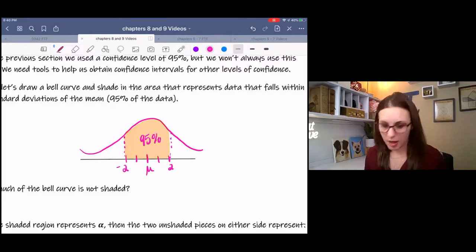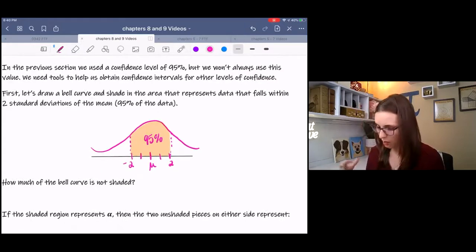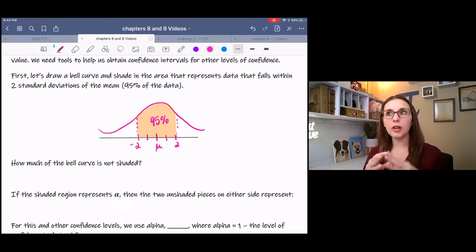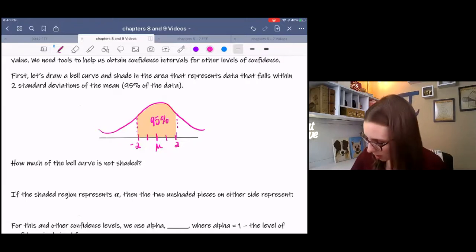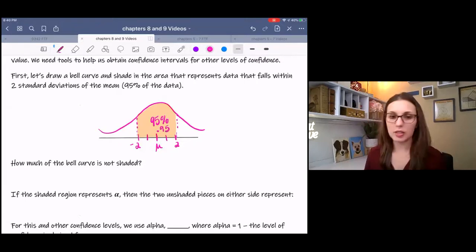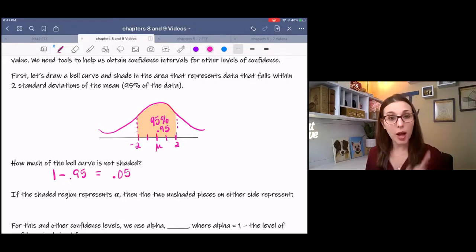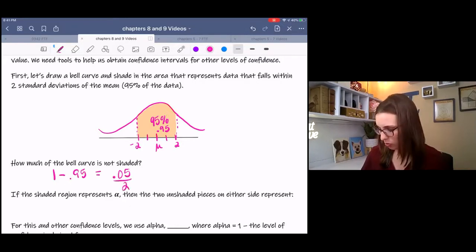Which means that for the next question, how much of the bell curve is not shaded? Well, if the area under the bell curve is equal to 1, and we know this is 0.95 in decimal form, then we can figure out the piece that is not shaded. 1 minus the part that is shaded is 0.05, but it's split in 2.